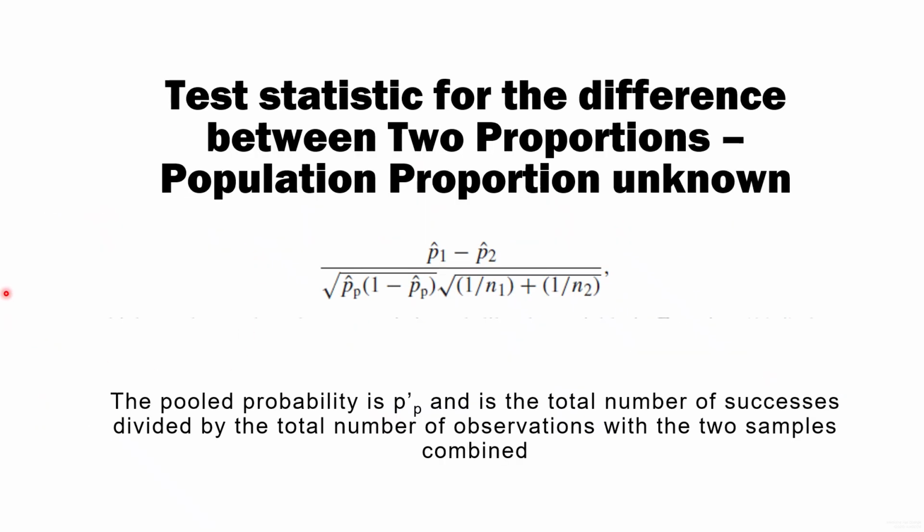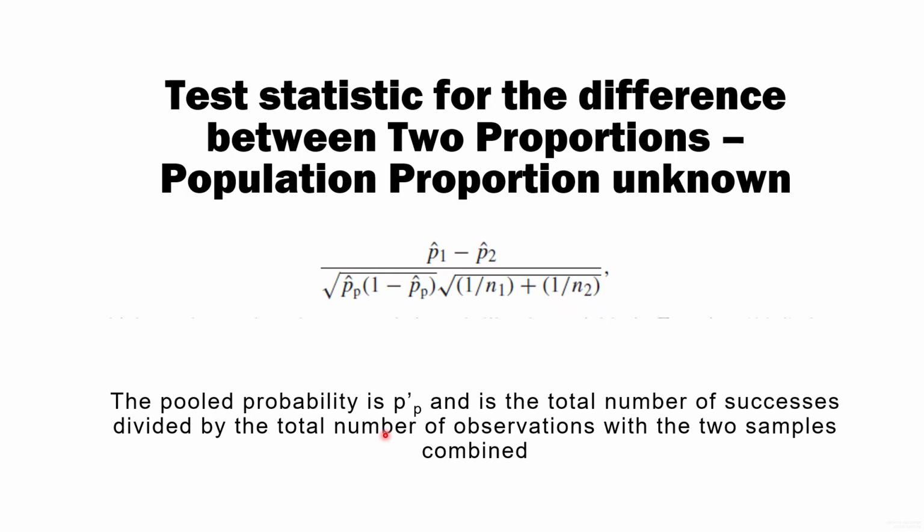So here it is again, another way to see it all together. The test statistic for the difference between two proportions when your population proportions are unknown is p hat 1 minus p hat 2, divided by the square root of your pooled estimate, which again is x1 plus x2 divided by n1 plus n2, and then you go through the rest of the equation.